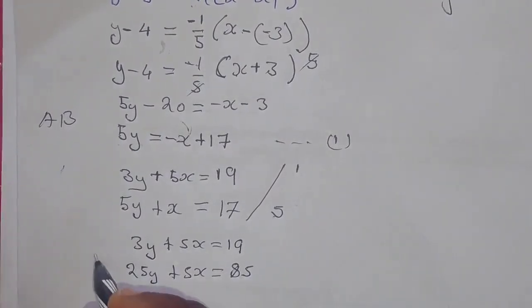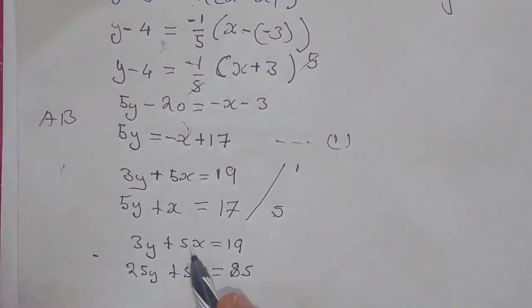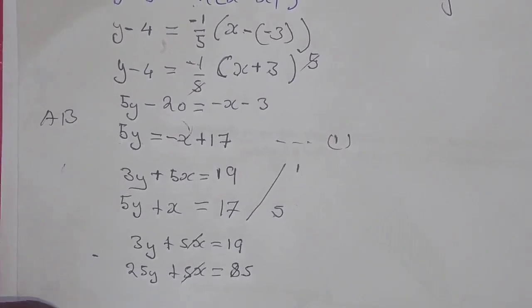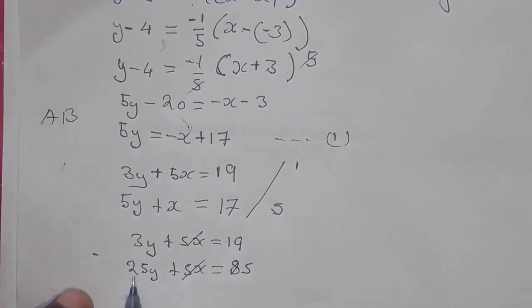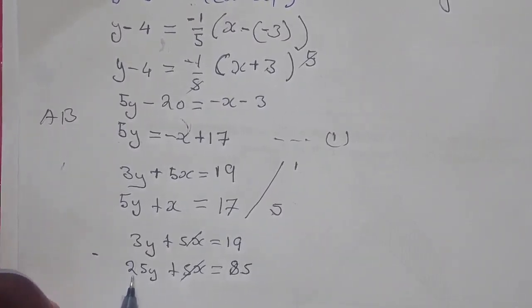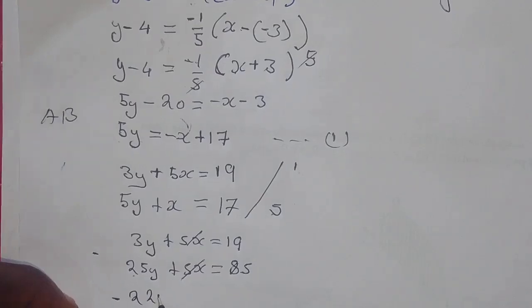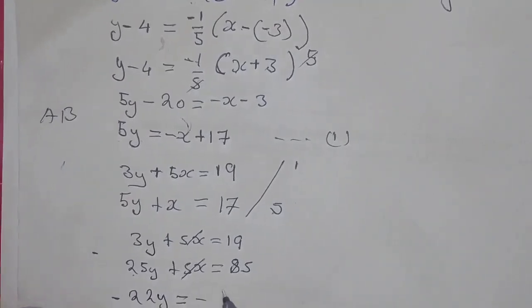Then here we subtract so that we get rid of x. 5x minus 5x will give you 0. So we're going to have 3y minus 25y, which will give you negative 22y is equal to 19 minus 85, which will give you negative 66.